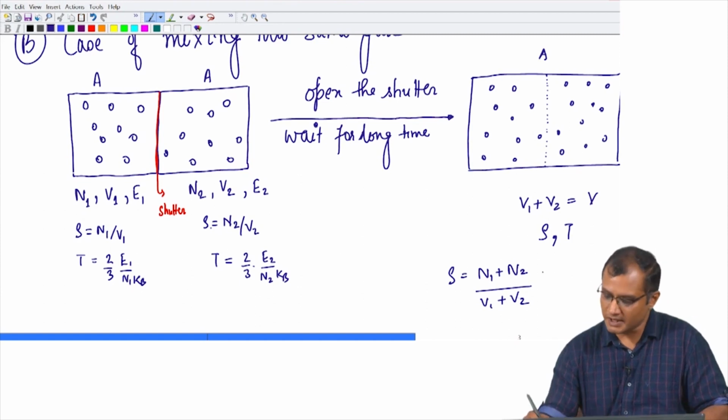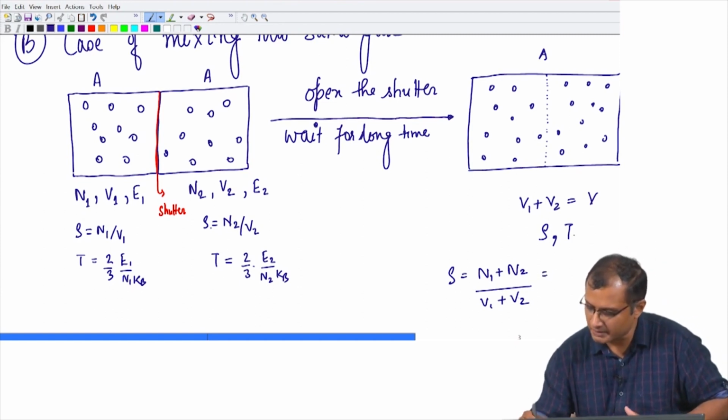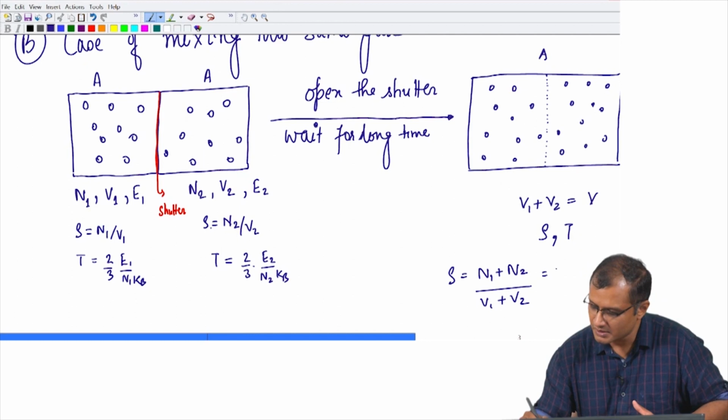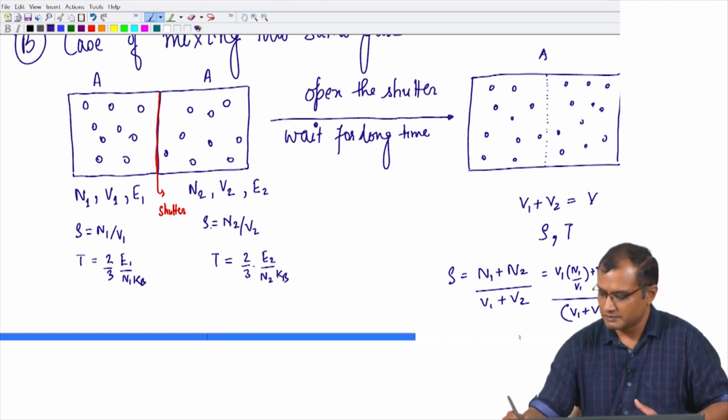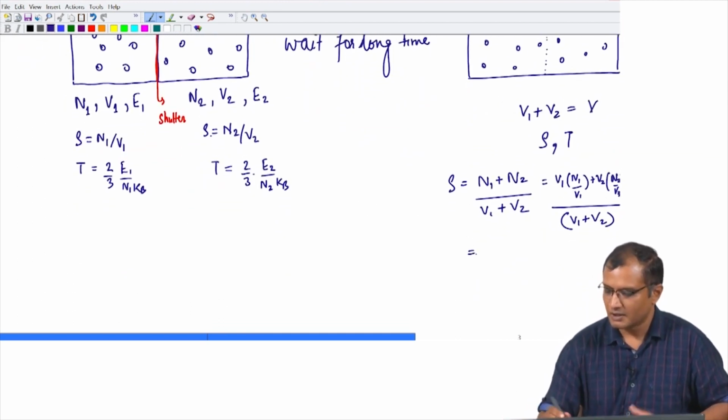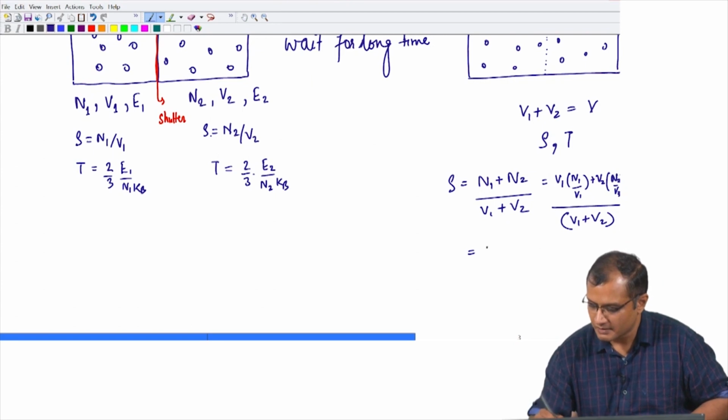right. So, you just take the numerator, multiply by 1 upon V to both the terms. So, you take V1 into N1 by V1 plus V2 into N2 by V2 divided by V1 plus V2. This is just N1 by V1.